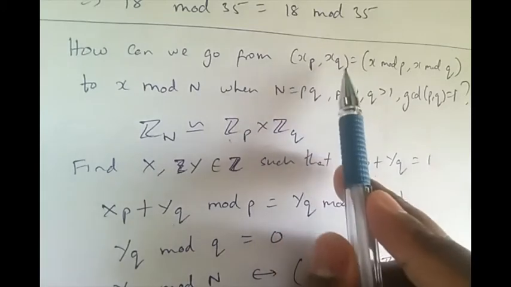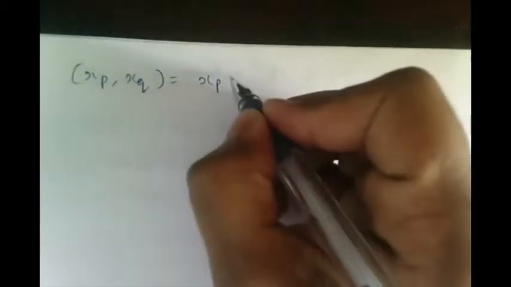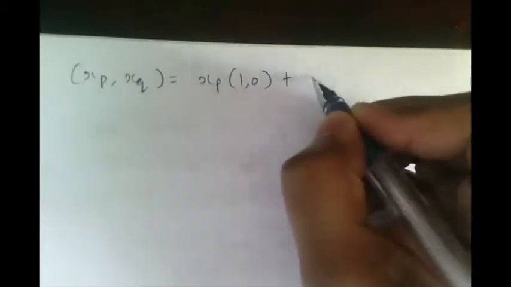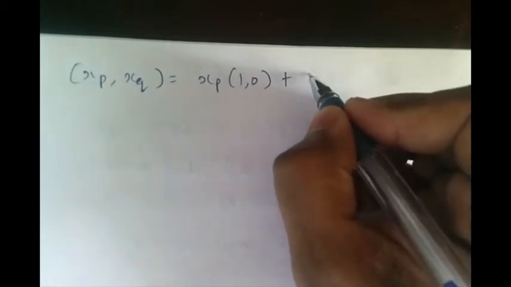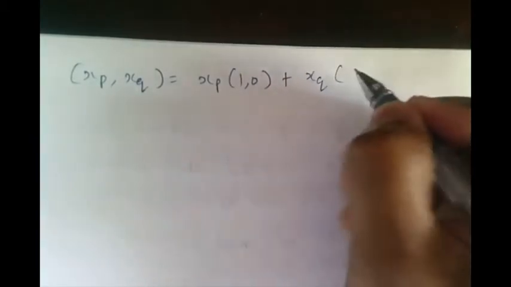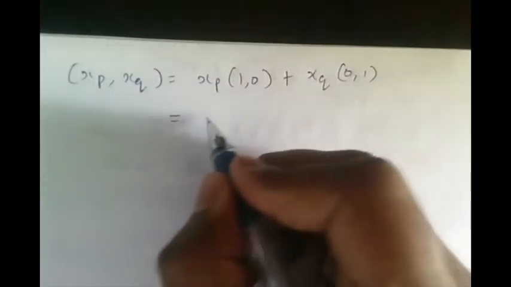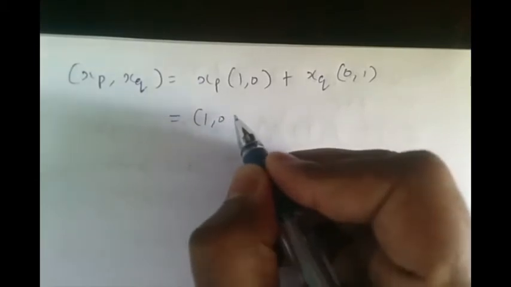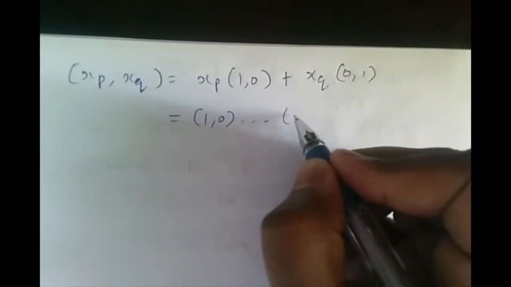This xp, xq can be written as xp times 1, 0 plus xq times 0, 1. And what I mean by this is that you just add 1, 0 to itself xp number of times.